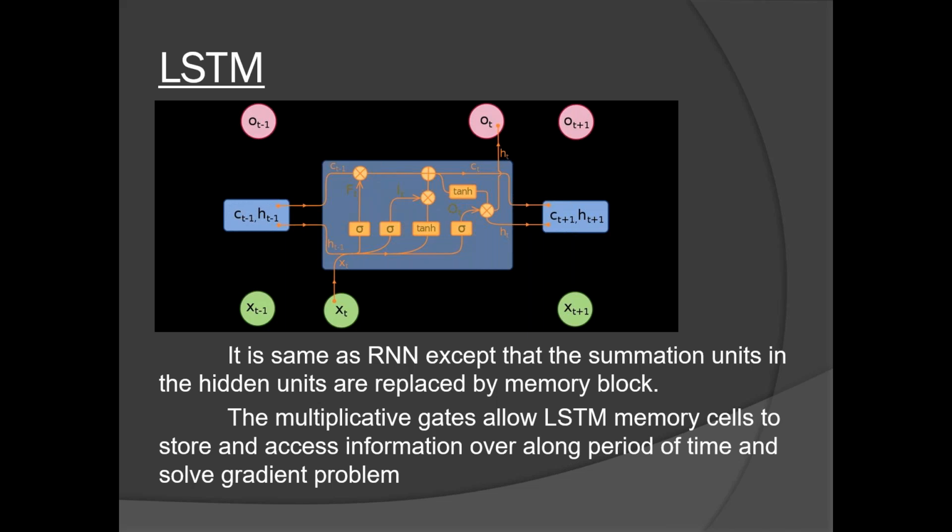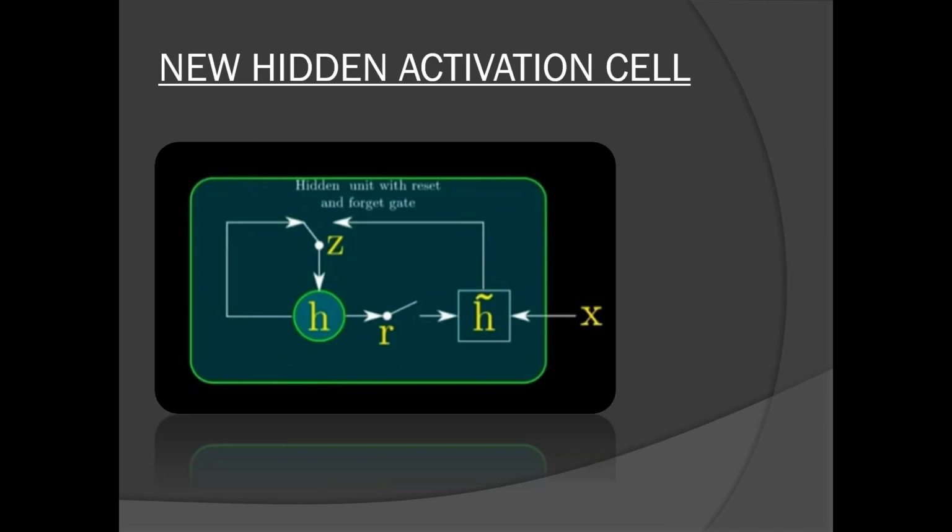In this format, we have an option of continuing with the previous memory and also with the next hidden layer units. This is a schematic diagram of the hidden layer activation cell.